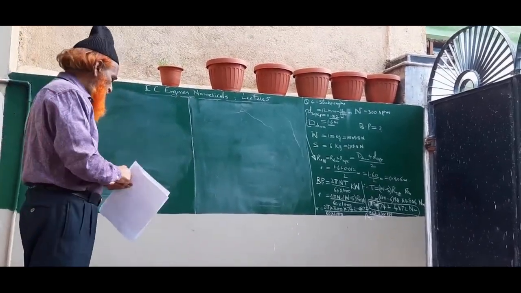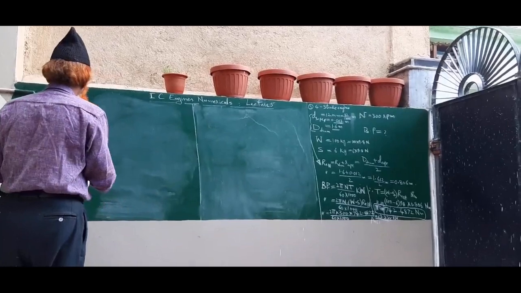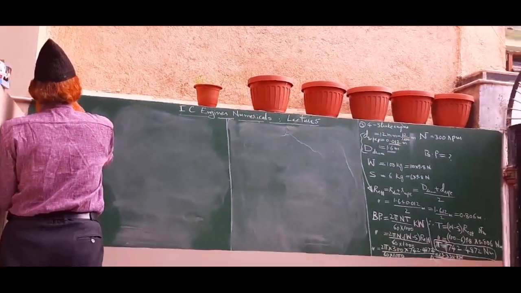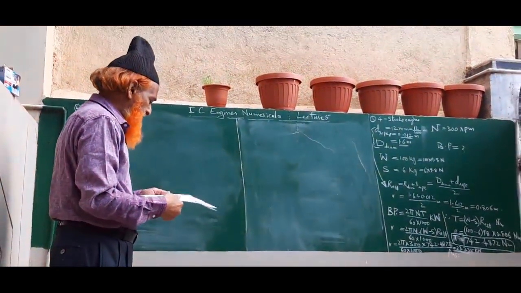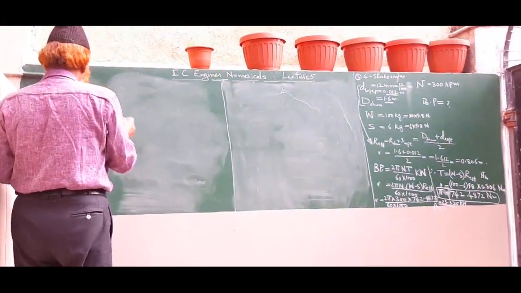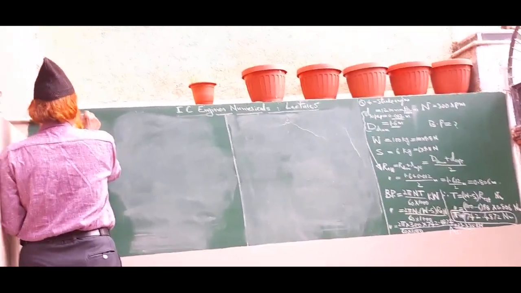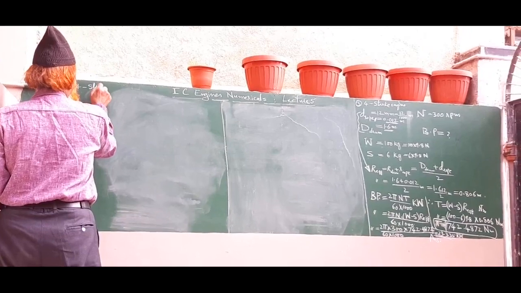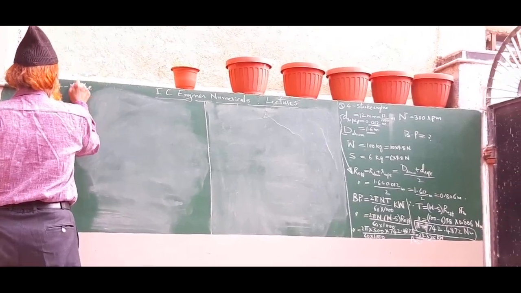Numerical number 4. In this fourth numerical, what are the things given? 4-stroke petrol engine. Immediately you have to write 4-stroke.